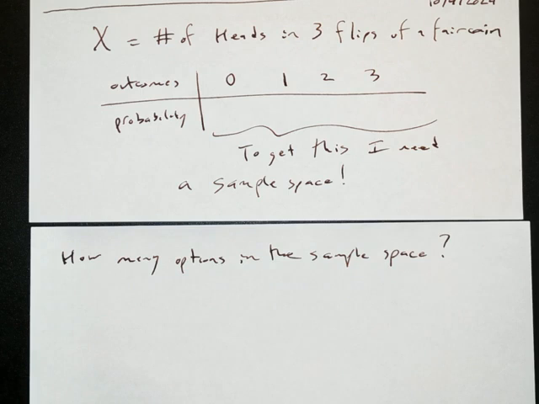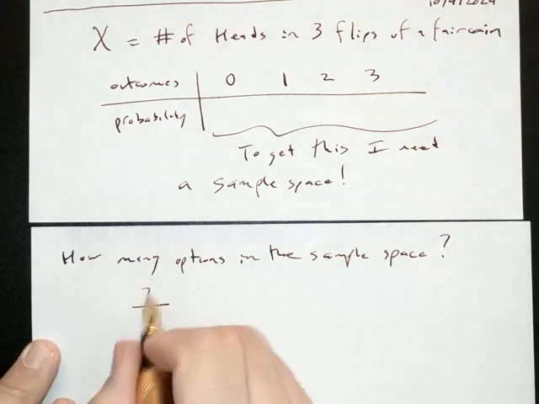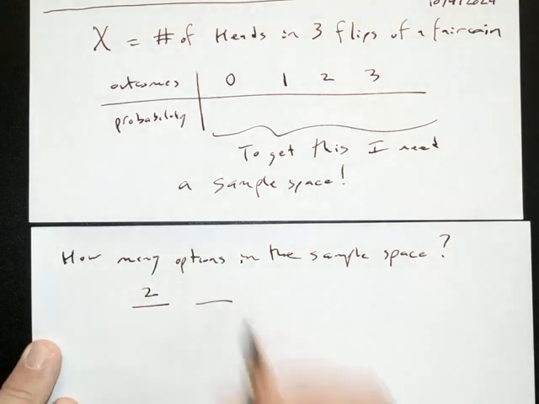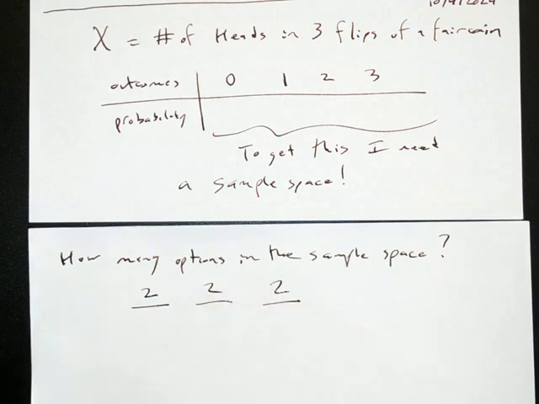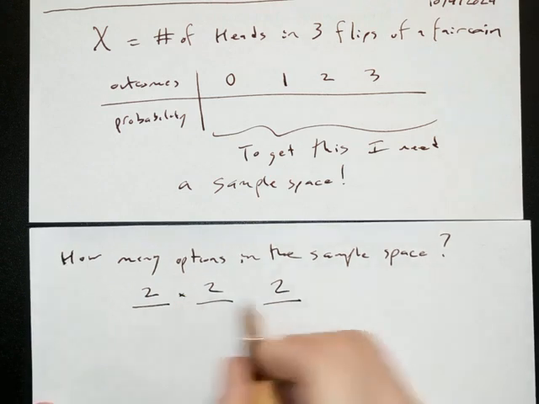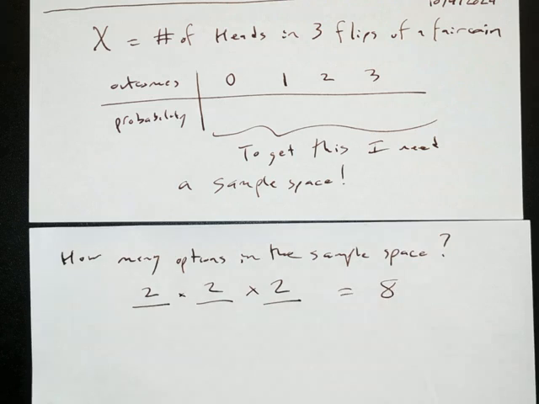I flip the coin the first time. How many options? Flip number 1, 2 options. Flip number 2, flip number 3. I need to flip all 3 times, so I need flip 1 and flip 2 and flip 3. What does the word "and" tell me to do with those numbers? Multiply. So I should have 8 different options in my sample space.